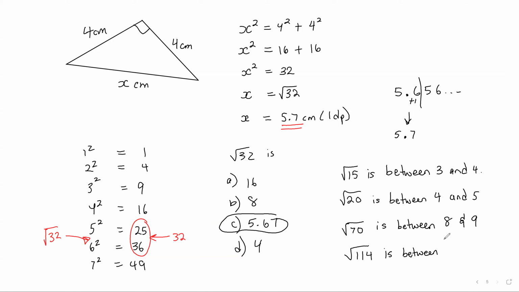So 114 is less than 121. So it would actually be between 10 and 11, because the square root of 100 is 10, and the square of 11 is 121. So it will be between 10 and 11 instead, right?